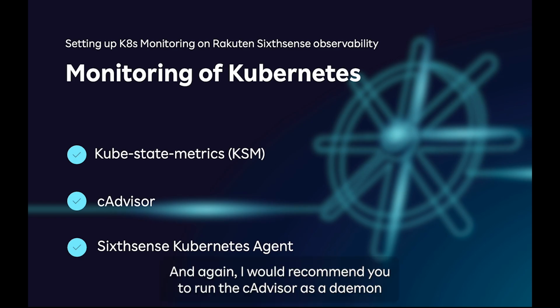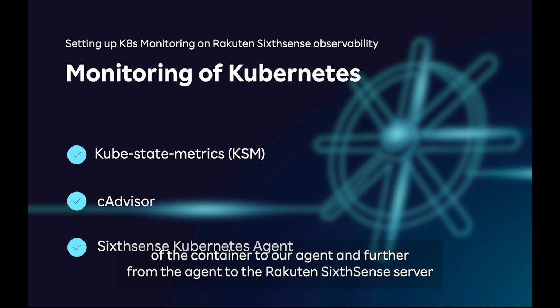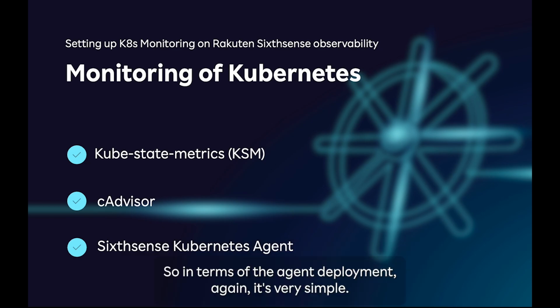And we would recommend you to run cAdvisor as a daemon set, as it collects metadata, aggregates and processes it, and exports this information of the container to our agent, and further from the agent to the Rakuten SixthSense server, right?